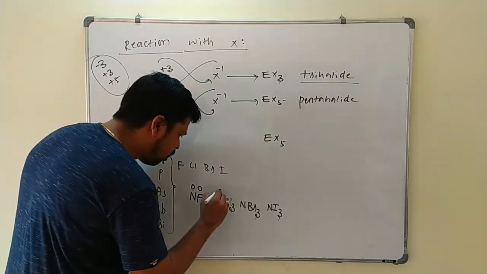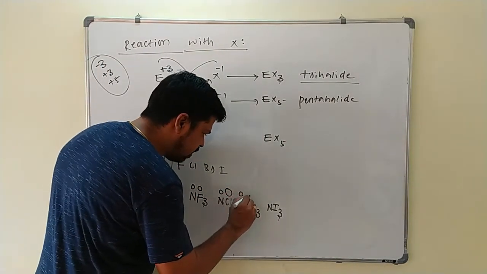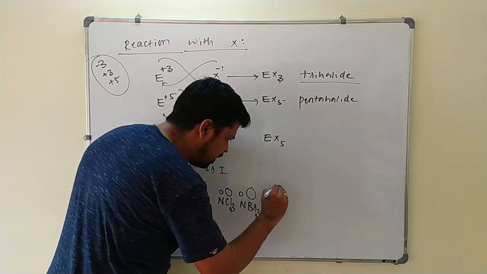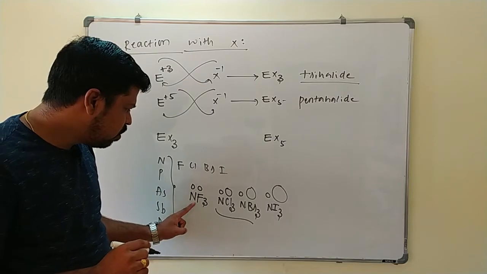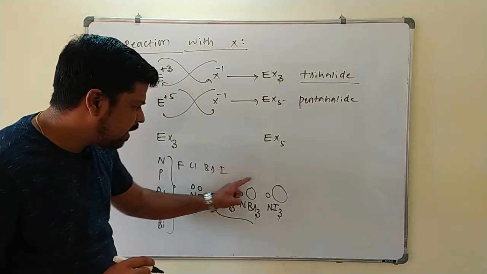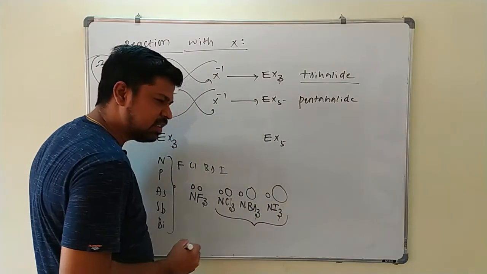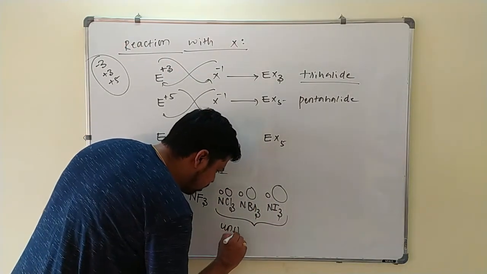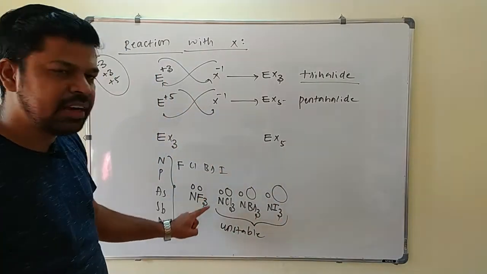If you go down the group, nitrogen's size is the same, chlorine's size increases, bromine's size increases again, and iodine's size increases again. The remaining trihalides are not stable because of the large difference in their size. These are unstable among the trihalides of nitrogen.